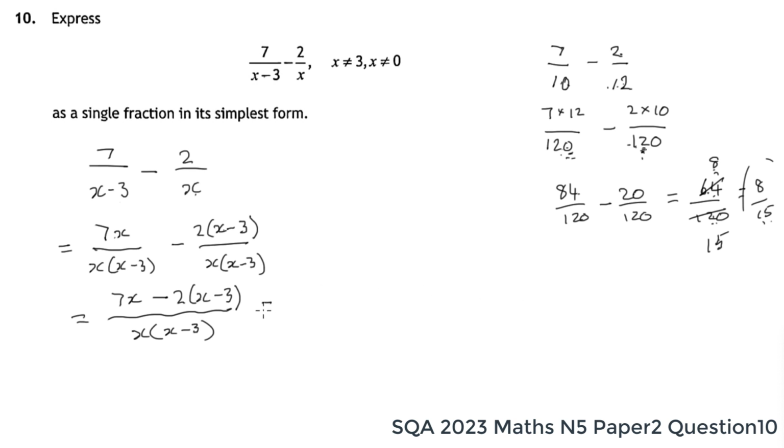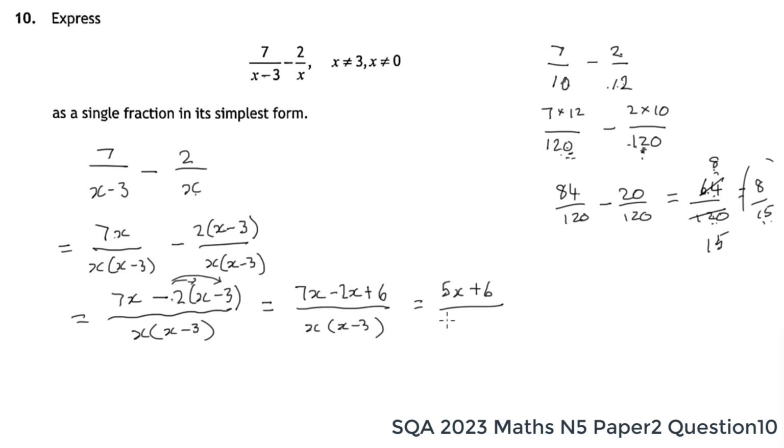So let's try to simplify the top of this fraction. We'll have 7x, and then multiplying out both terms by this -2, we'll get -2x, and -2 times -3 is plus 6. So on the top of the fraction we've got 7x minus 2x, that's 5x plus 6.